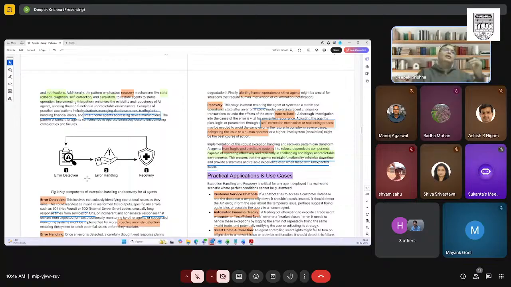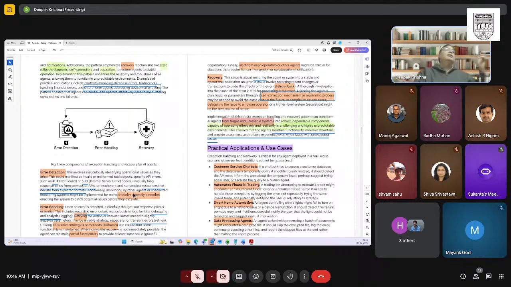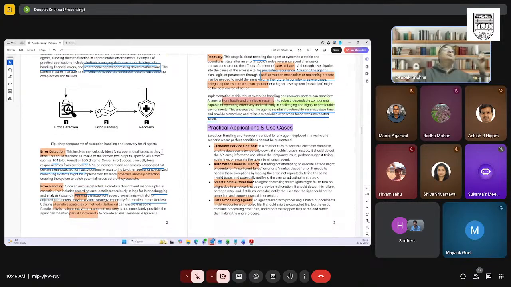Right? So error detection. How can I detect an error? So like a 404 error or 500 error, right? Or there are responses which deviate from the expected format. So I say, okay, give me a JSON response which has so many fields, right? Like it contains the JSON response in this format, and there are a few fields which are actually missing in the response, right?